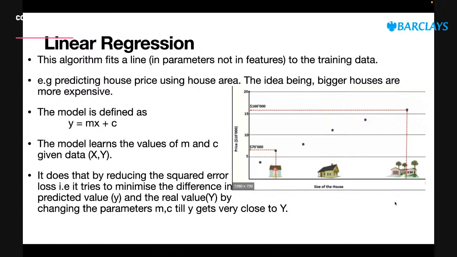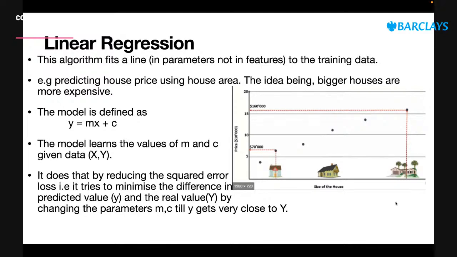The model is defined as y equals mx plus c. This is the mathematics behind it. The model tries to learn the values of m and c given the data set of Y and x, which are in capital in the graph itself.